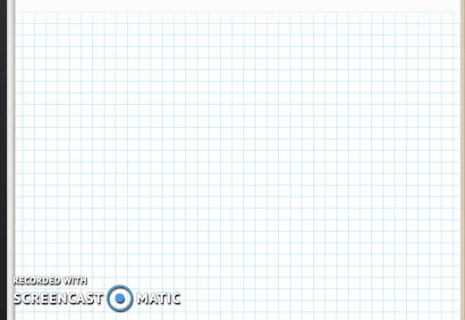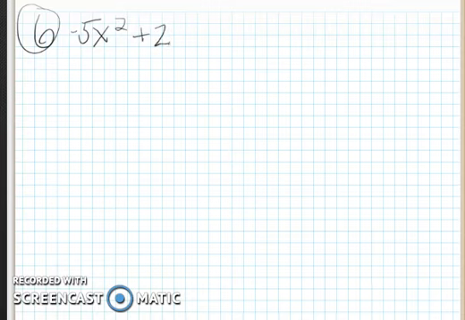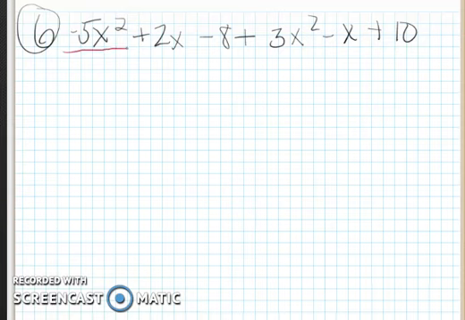Next, number 6. Number 6, we're just adding. Okay, we have negative 5x squared plus 2x minus 8 plus 3x squared minus x plus 10. Notice I dropped the parentheses, and the reason why I did this is because parentheses don't really matter when you're adding. What matters is combining like terms.